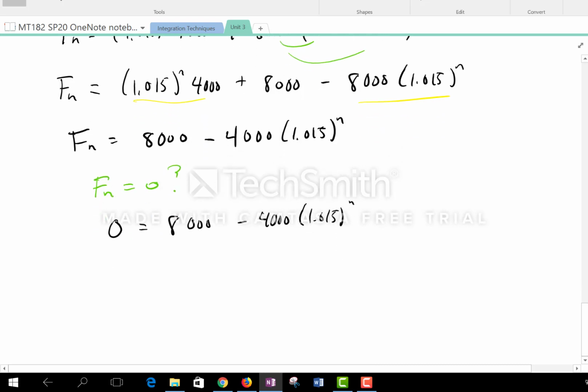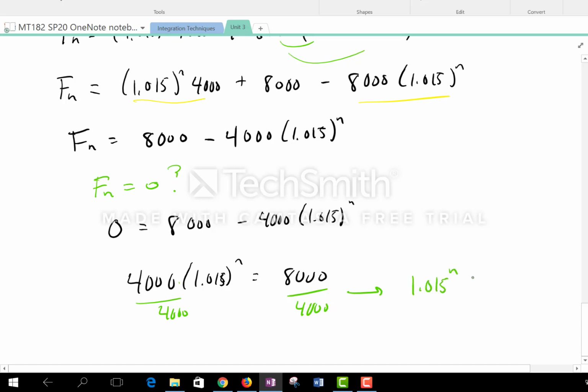So add over the 4,000 times 1.015 to the nth power term. That will then equal 8,000. Divide both sides by 4,000, which will give us the equation 1.015 to the nth power is equal to 2.